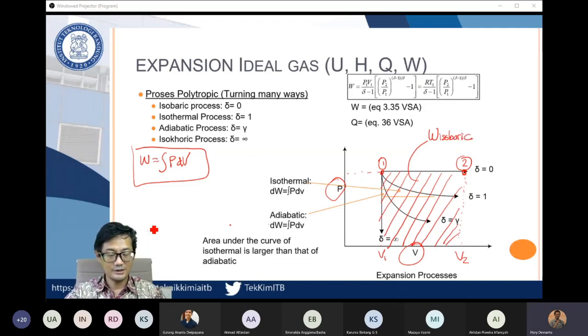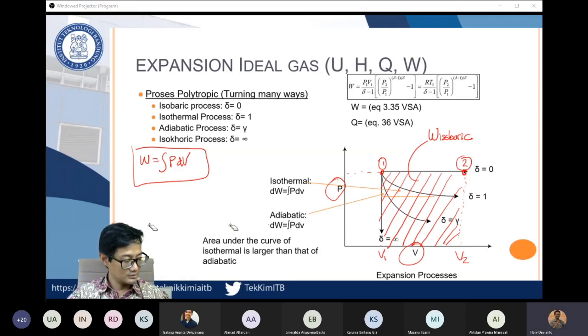Okay, any question up to this point? If not, let's compare with the second one. The second one is the isothermal process.